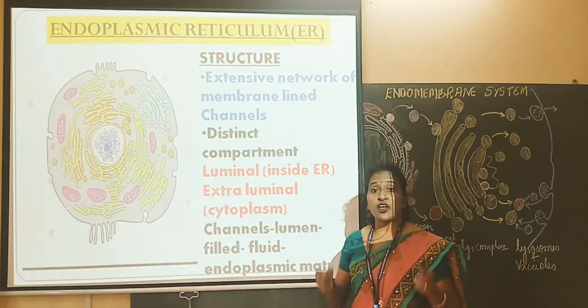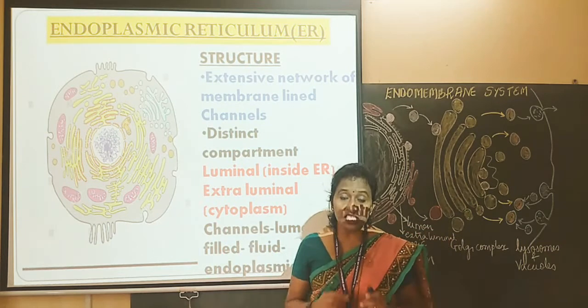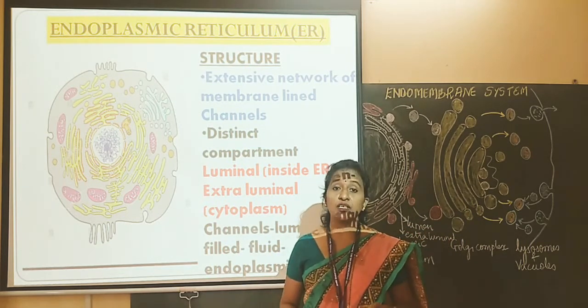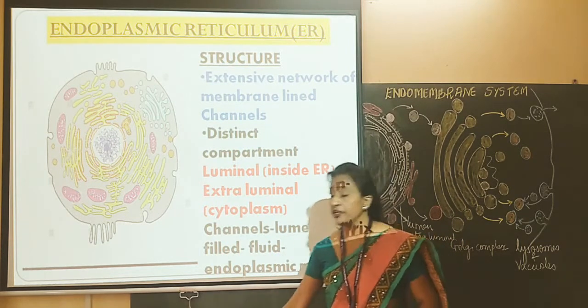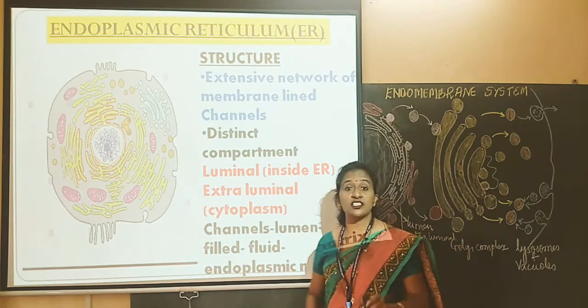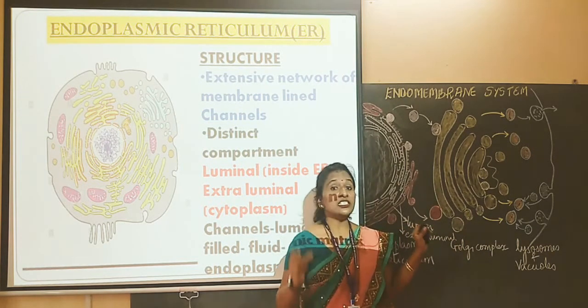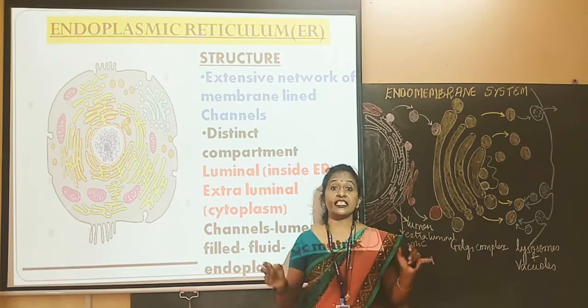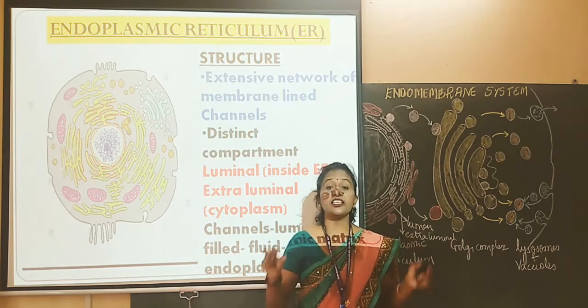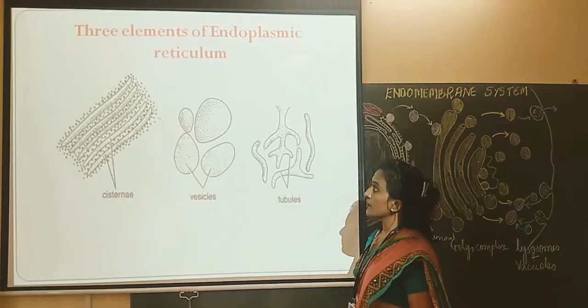These channels or the membrane system of the endoplasmic reticulum are filled with a fluid called endoplasmic matrix. That means this fluid is present inside the lumen or the cavity which the membrane has.